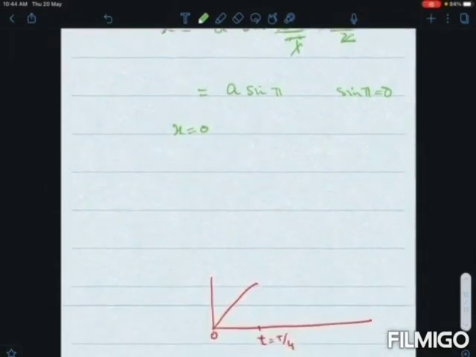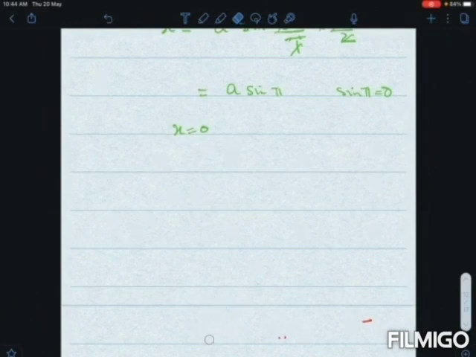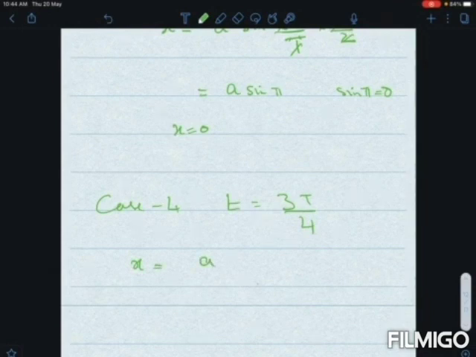Now talking about the next case, T by 2 is over. So we have the fourth case, case 4, that is small t is equal to 3T by 4. Now substitute in the same equation, x is equal to a sine 2 pi by T into small t, which is 3T by 4.